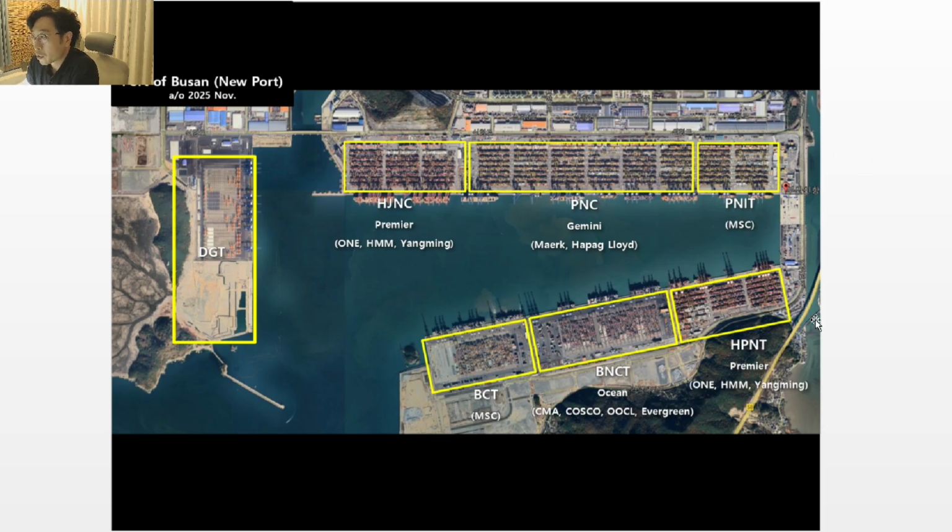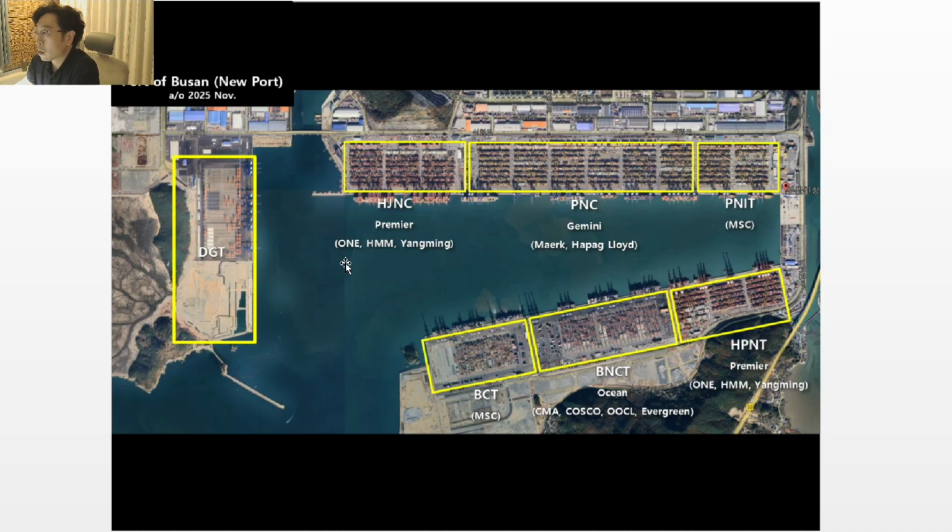Okay, this is the New Port area port map. In the New Port area, we have three main areas: the northern part, the southern part, and the western part. We have a total of 7 container terminals.